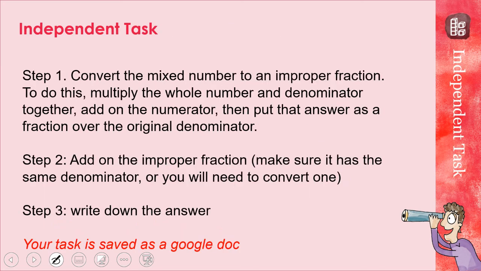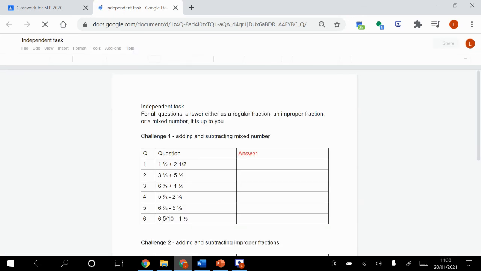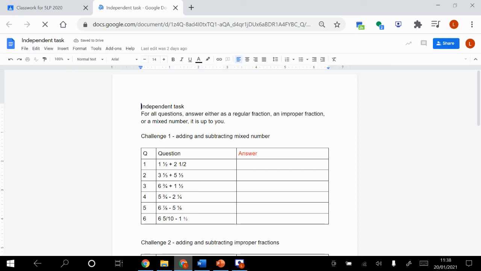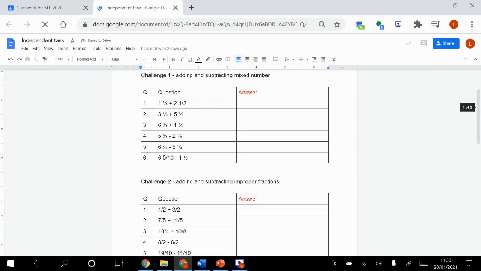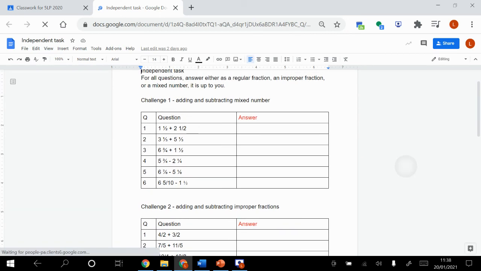So here is what you are going to do for your independent task. Okay, let's go and have a look at the independent task. The first question is asking me to add and subtract mixed numbers. All of the questions in challenge 1 are mixed numbers.